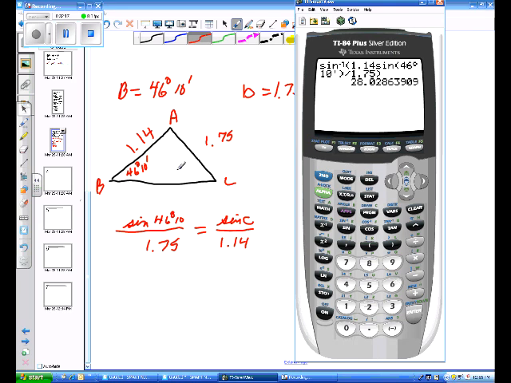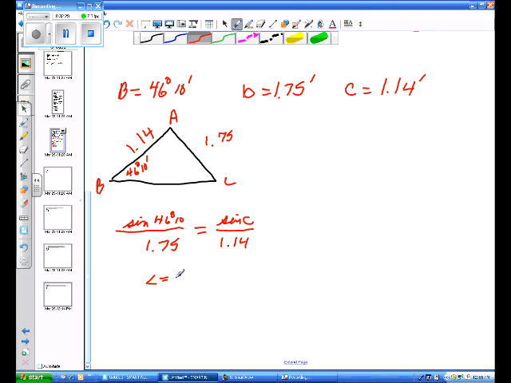Now, this was off to the nearest 10 minutes, so let's just see what this would be to the nearest 10 minutes. It turned out to be 28 degrees to the nearest 10 minutes. So angle C is 28 degrees. Now, that's if it's in the first quadrant.